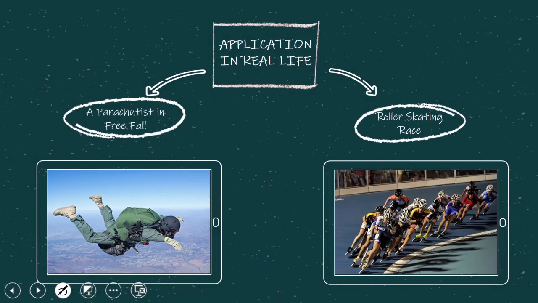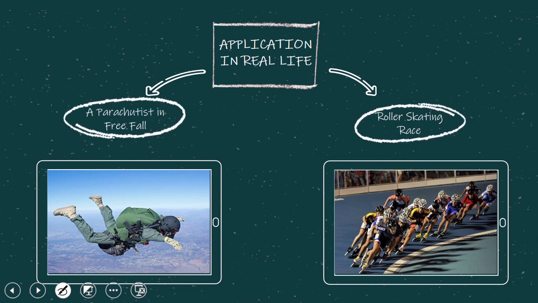And now we have come to the last section, which is the application of the fundamental theorem in real life. As we can see in this slide, there are many applications of the fundamental theorem in real life, but for today's learning, I give you two examples.